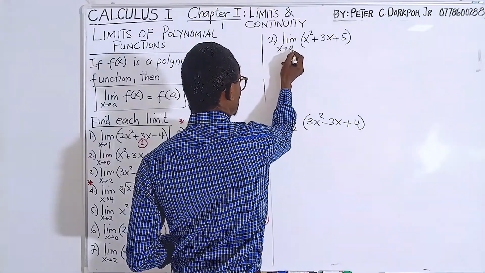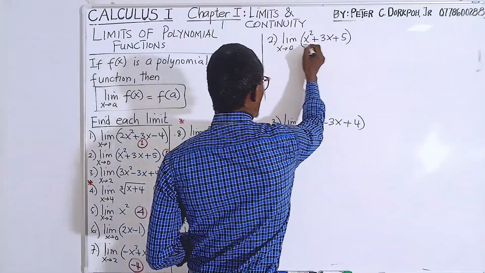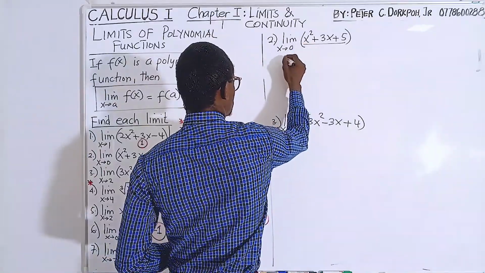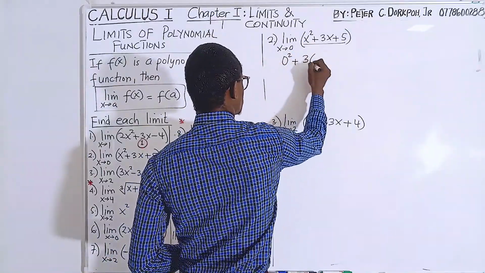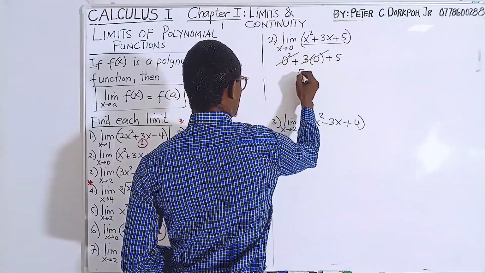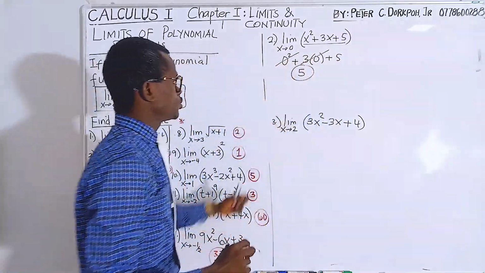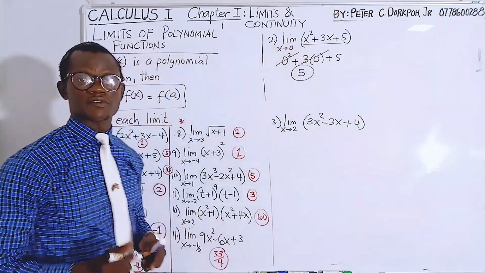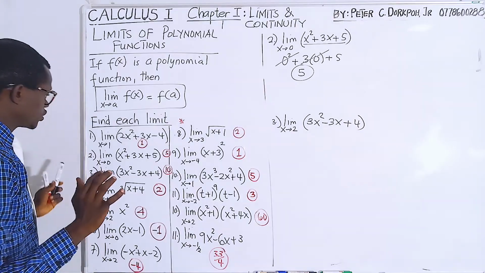Because x is approaching 0, we want to know what will be the limit of this function. If you replace this one with 0, you have 0 squared plus 3 times 0 plus 5. So this is just, you have 5. So when x is approaching 0, the limit of this function will be equal to 5. That's how simple and short it is.